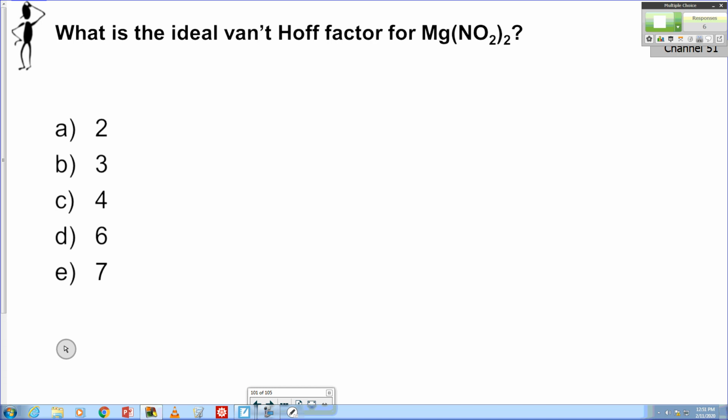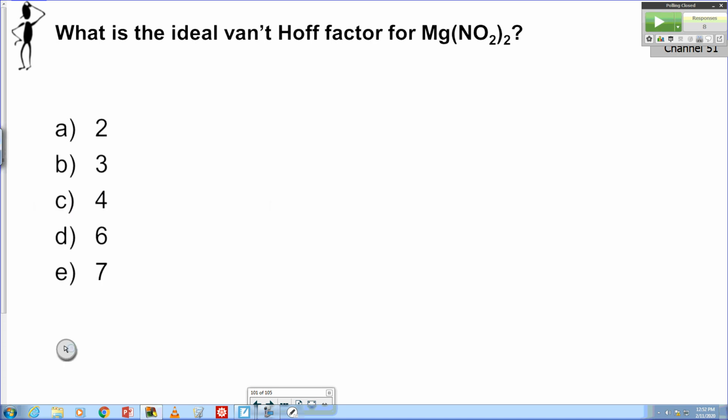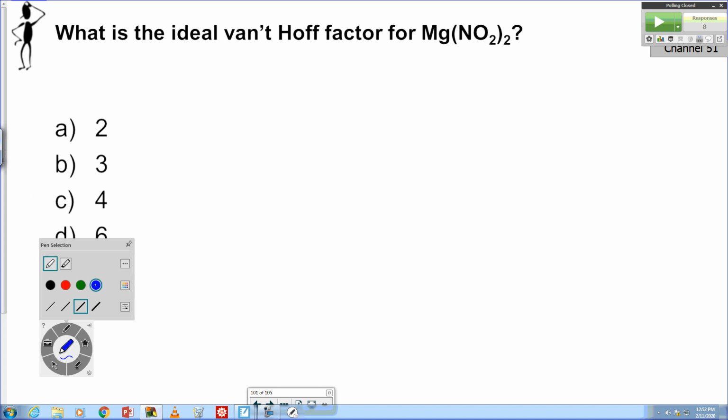Two more. All right. So most of you went with choice B. A couple with the other ones. Let's just think about that particular compound.